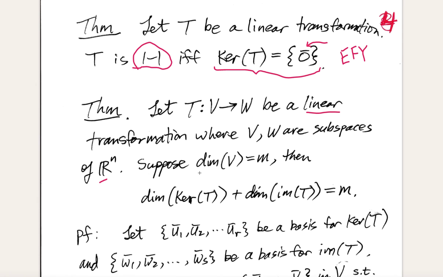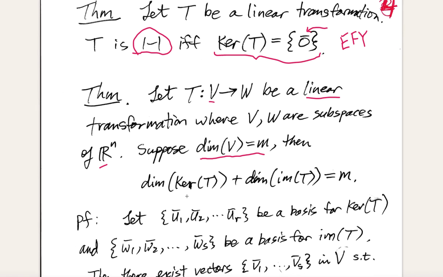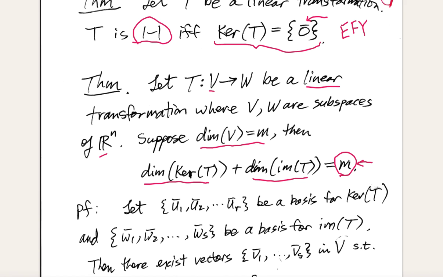Suppose the dimension of V, your original space that you're mapping from, your domain space, is M. Then what we're going to show here is that the dimension of the kernel of T plus the dimension of the image of T adds up to M. Your book has a couple typos in here. They state the theorem correctly, but then they keep replacing the M by N in examples below. It should be M everywhere in their discussion, not N. They had little typos there.